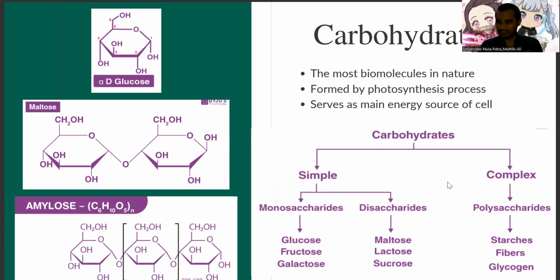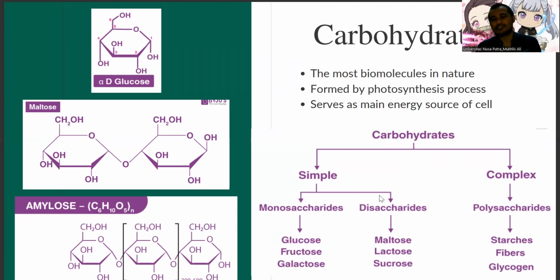If we classify carbohydrates by the complexity of their structure, we make two types of carbohydrates. The first one is simple carbohydrates, and the second one is complex carbohydrates. Simple carbohydrates can be broken down into two types, monosaccharides and disaccharides, and the complex carbohydrate is polysaccharides.